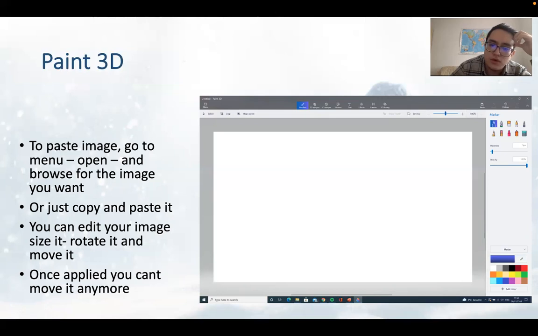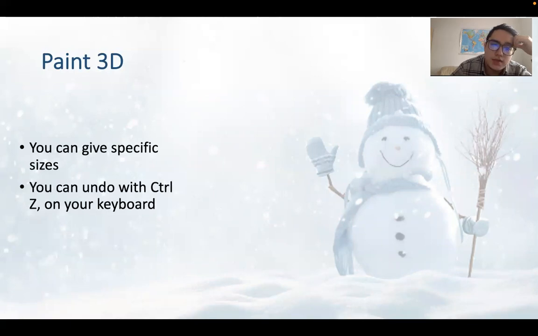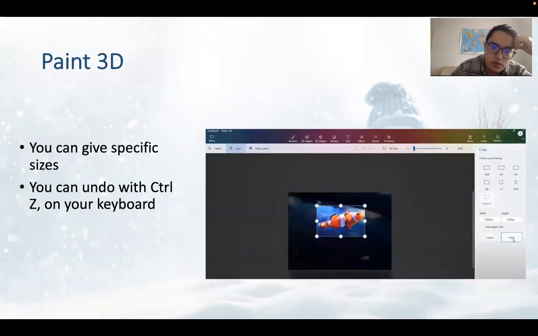Before you leave it on your screen, make sure the position is okay. You can give specific sizes. You can undo with Control Z on your keyboard. So this is important. Don't forget, you can use shortcuts to be faster, such as Control Z, which you can undo.